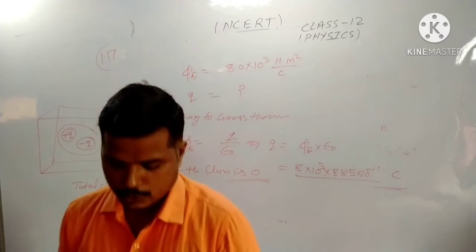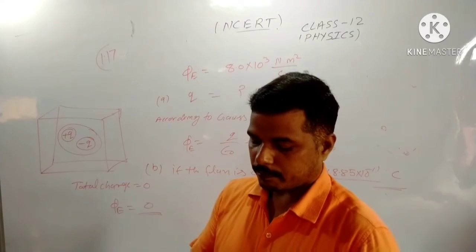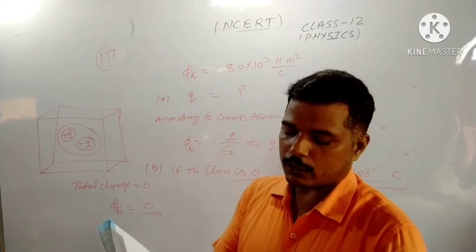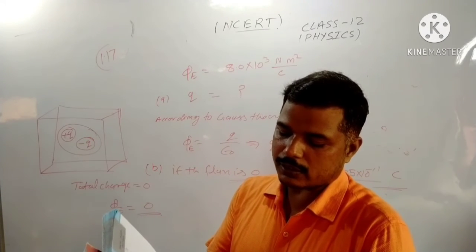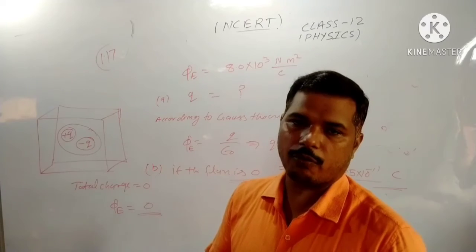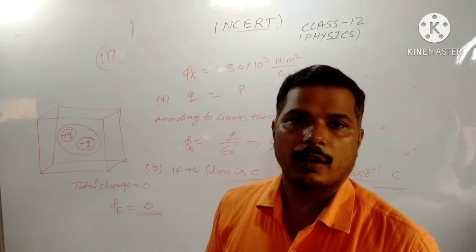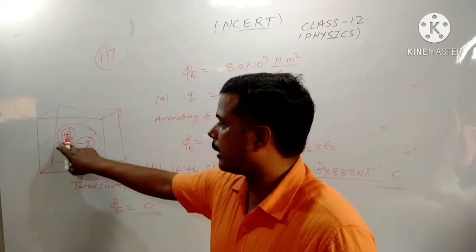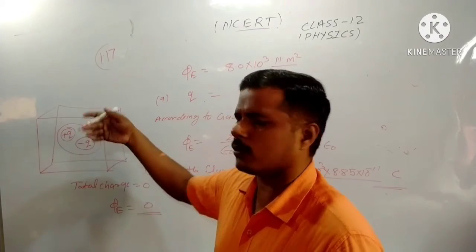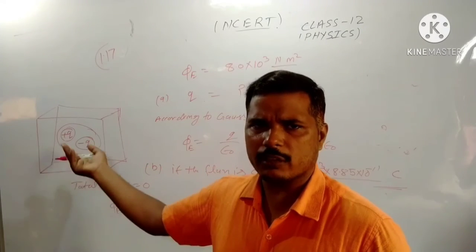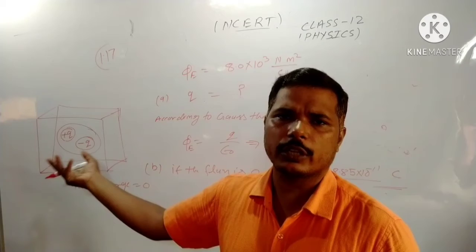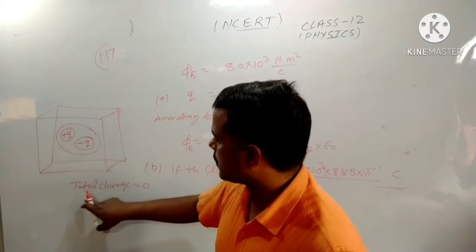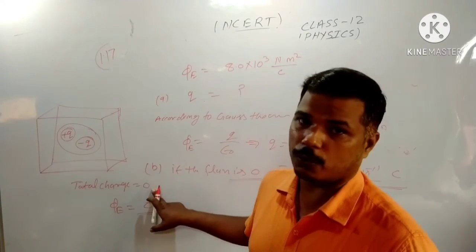So the next part of this question, read the question. It says could you conclude that there were no charge inside the box? Why or why not? It may be there is charge, but the polarity of both charges are opposite. There may be more than one charge, two or more than 2 or 4, however many charges, but the total sum of charge may be 0.